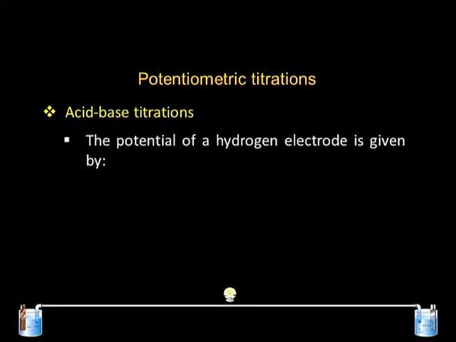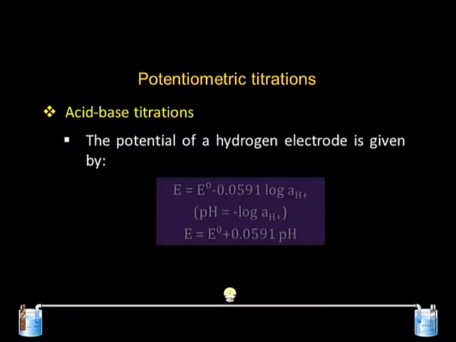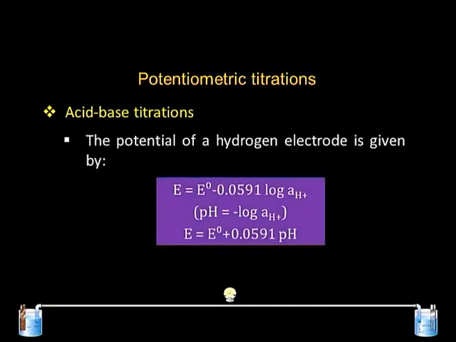The potential of a hydrogen electrode is given by the expression E is equal to E0 minus 0.0591 log activity of hydrogen ions. That is, pH is equal to minus log activity of hydrogen ions, and therefore we can write E is equal to E0 plus 0.0591 pH.